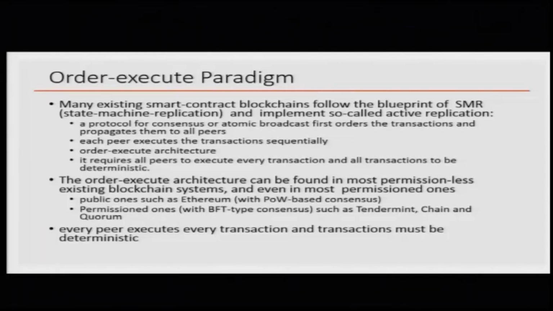So, most smart contract based blockchains actually follow the idea of what is called state machine replication. We will go more into details of that in this session or in the next session. It is the idea that if I want a system to be fault tolerant, then I have to replicate the service.